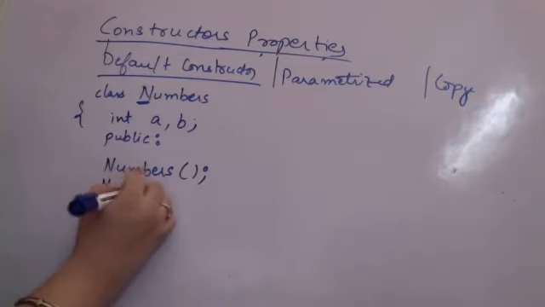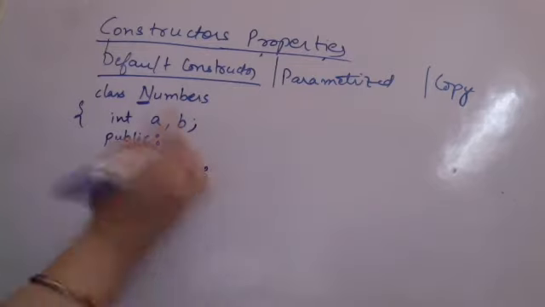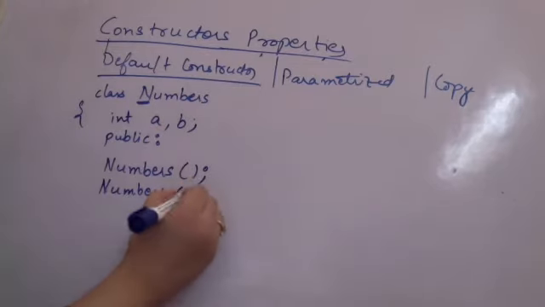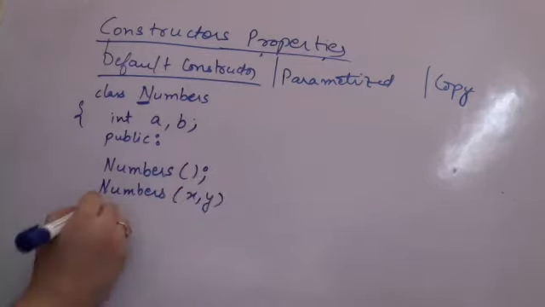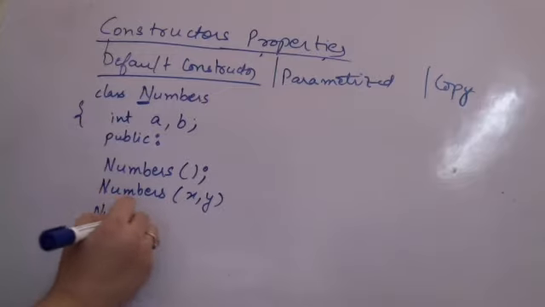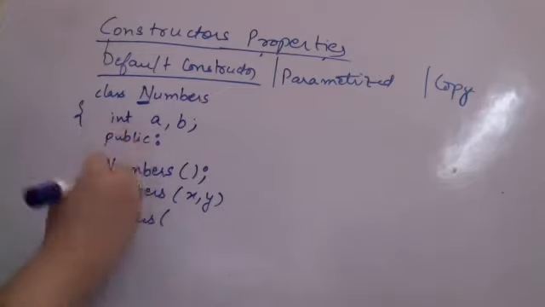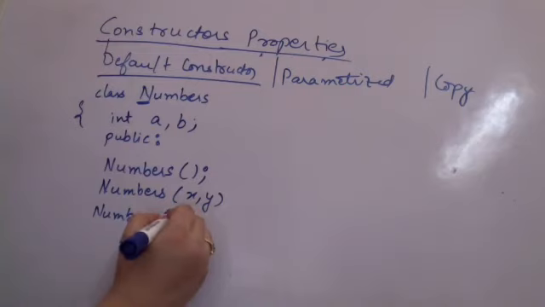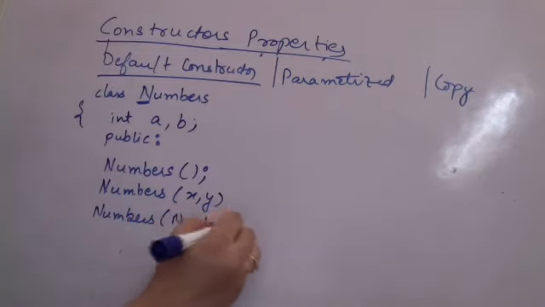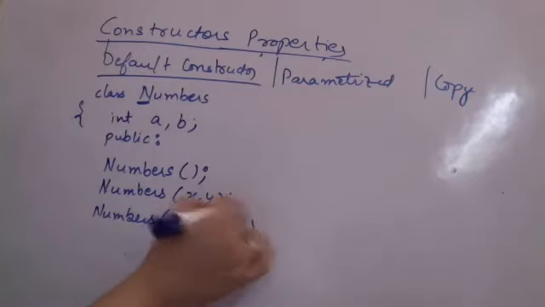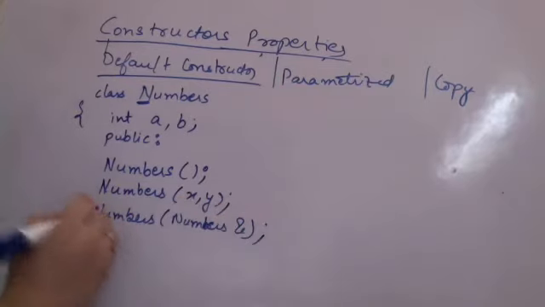Another declaration is Numbers, and now I am giving some parameters, supposedly x and y. Another declaration over here is Numbers, and I am having here a Numbers reference. What is this? This is a copy constructor, and there may be other things in the class, and the class is closed.